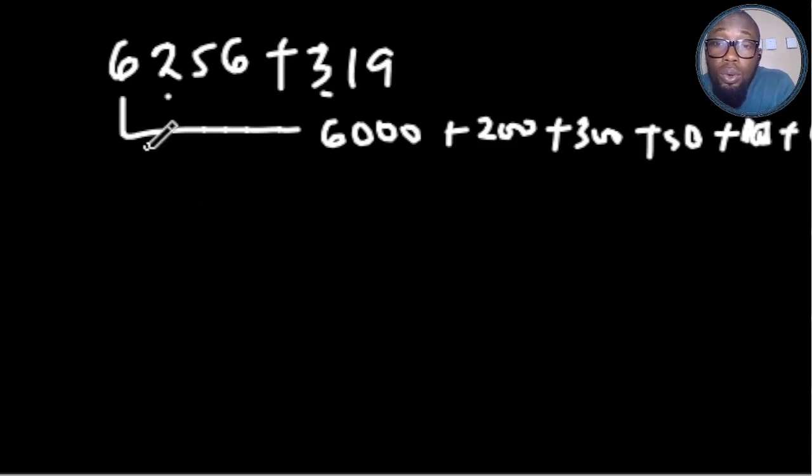It's easy for me to go and say, okay, I'll just say 6,000 plus 200. That's 6,200. 6,200 plus 300, 6,500. 6,500 plus 50, 6,550. 6,550 plus 10, 6,560. 6,560 plus 9 is 6,569. Then plus 6, 6,575.